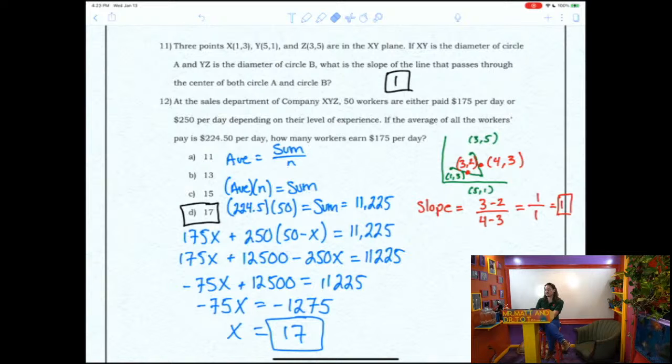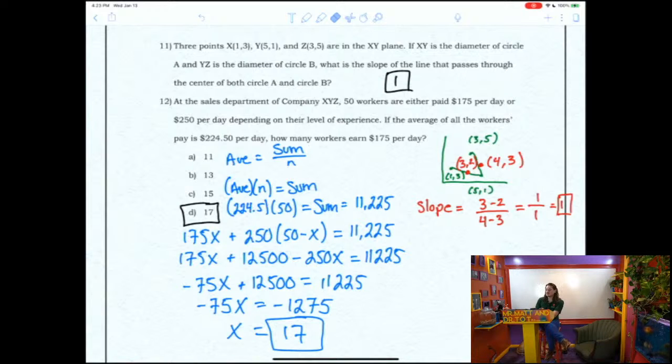250 times 50 is 12,500. 250 times negative x is going to be negative 250x. So now we can expand that first equation into 175x plus 12,500 minus 250x is equal to 11,225.